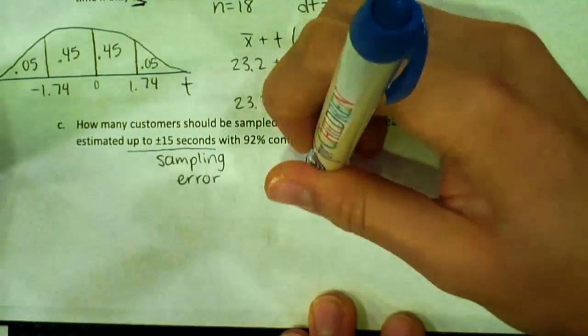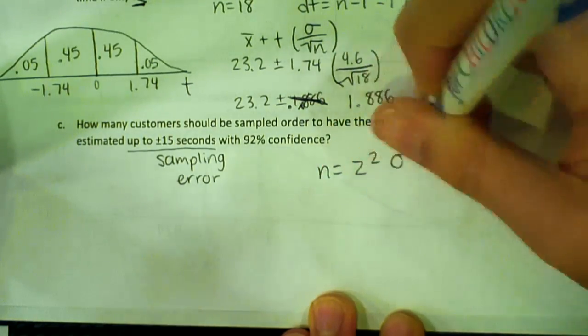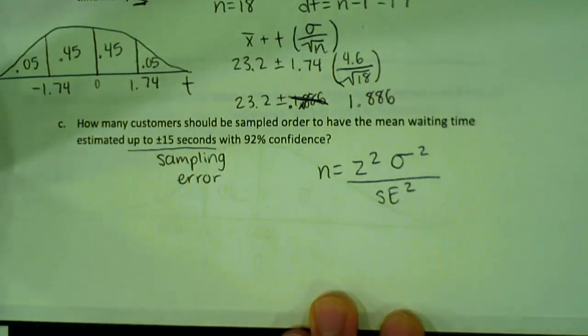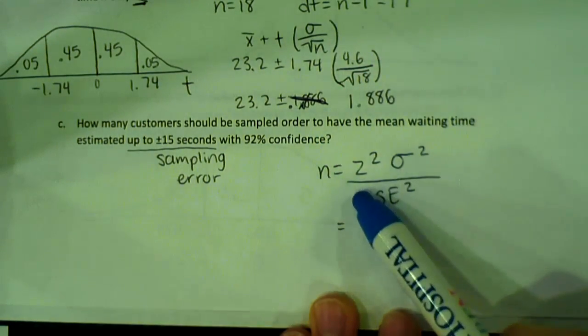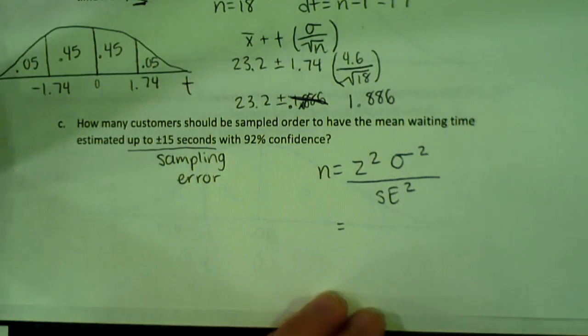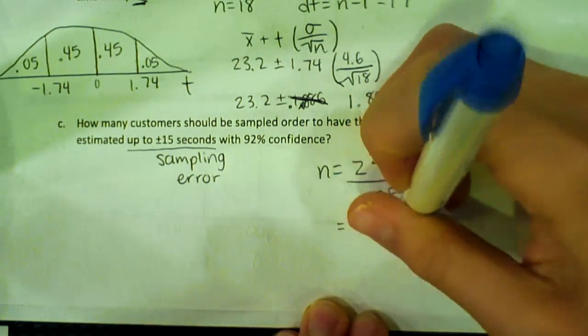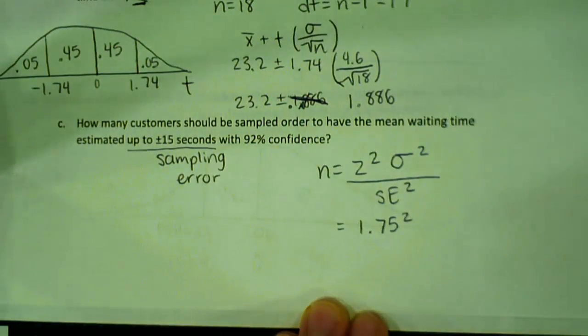So we have, and we know the z that corresponds with the 92% confidence, right? We already found that in part A. And the standard deviation was given.